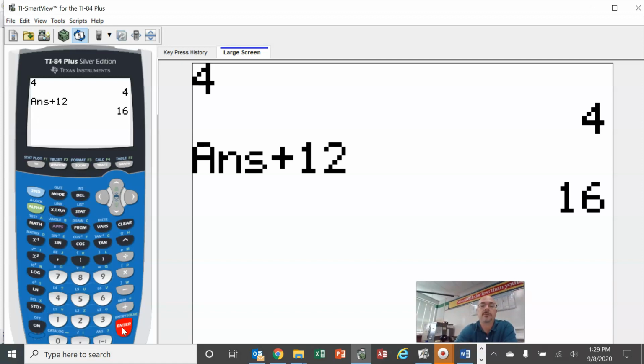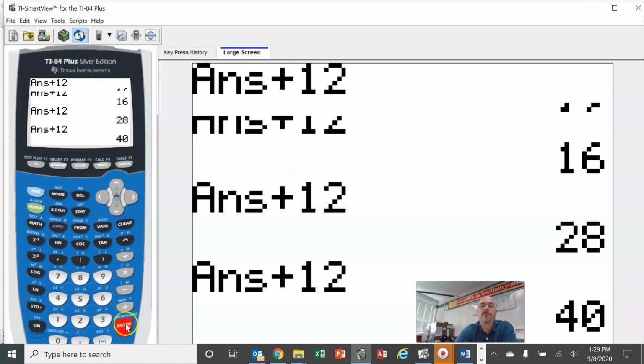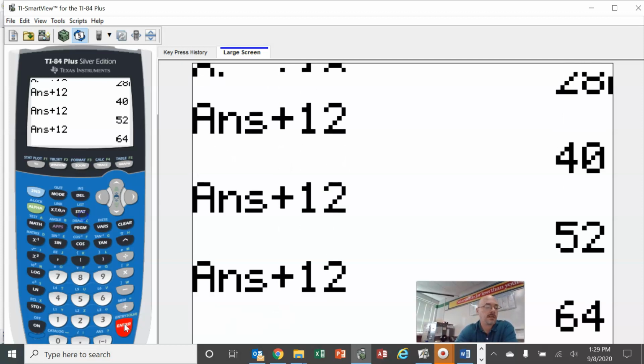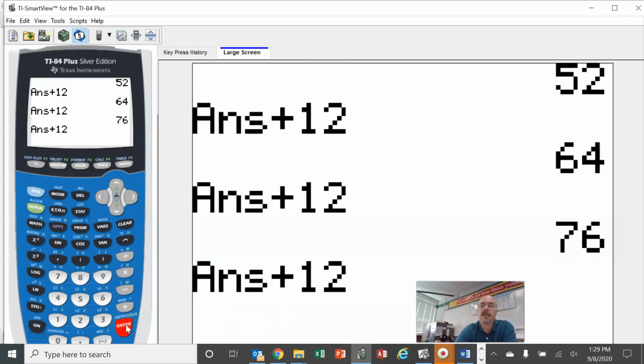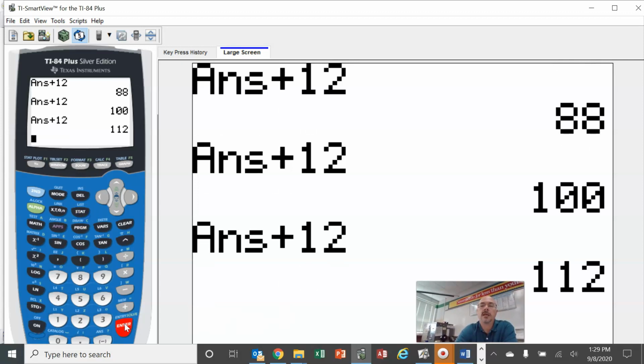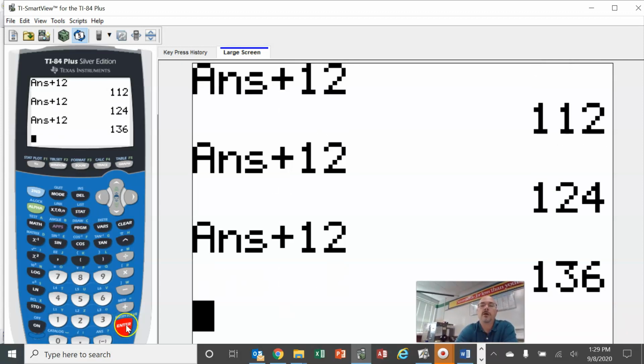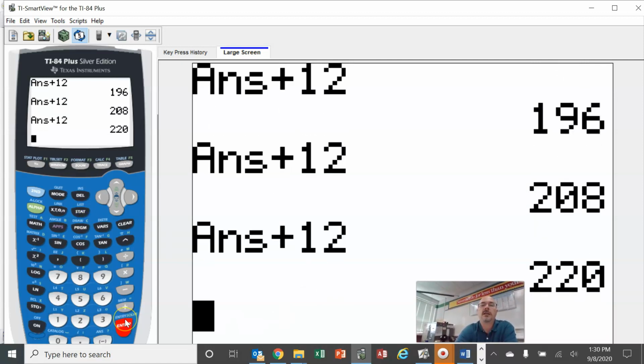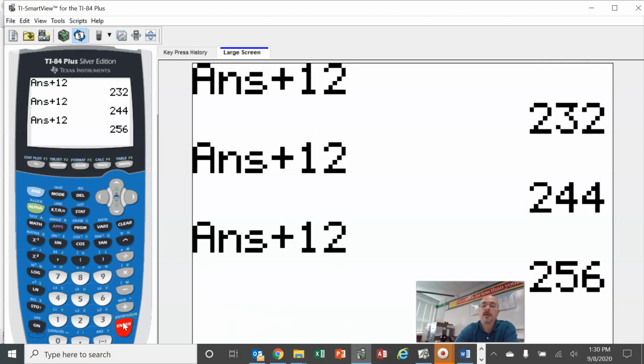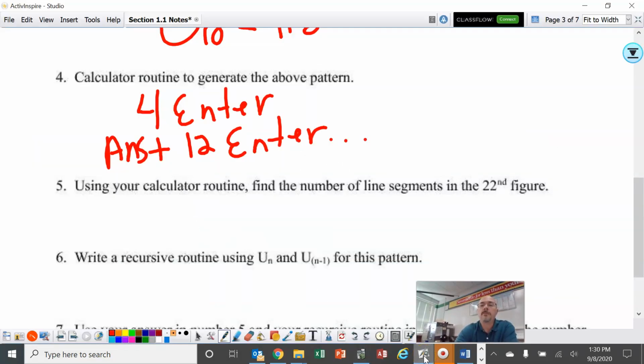So that's the second number, 2, 3, 4, 5, 6, 7, 8, 9, 10, 11, 12, 13, 14, 15, 16, 17, 18, 19, 20, 21, 22. Count very carefully. So, ladies and gentlemen, the 22nd number is 256.